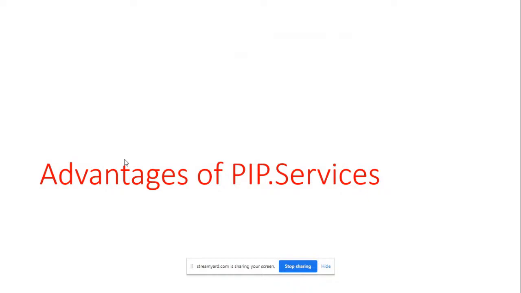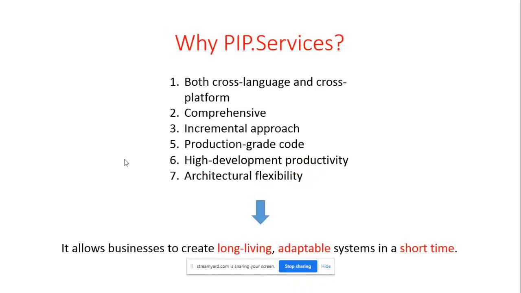So why Pip.Services? Here comes the idea behind the creation of this system: to create long-living code. As we said, long-living code means we want to create code that we don't have to replace in 1 year or 2, because new technologies or new platforms may make our application obsolete.